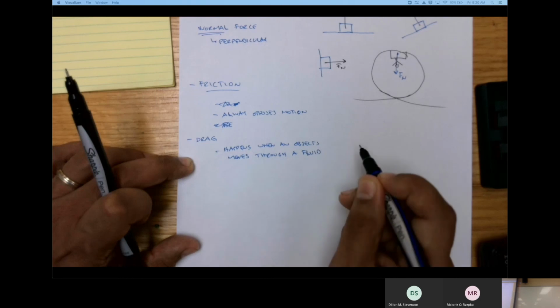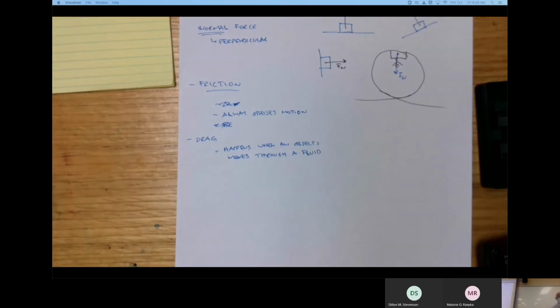We tend to think of fluids as liquids, but gases are also fluids. So when a car is moving on the highway, as the velocity of the car increases, the air around it is going to be displaced, and there's going to be some drag. If you try to run in water, you feel the drag.